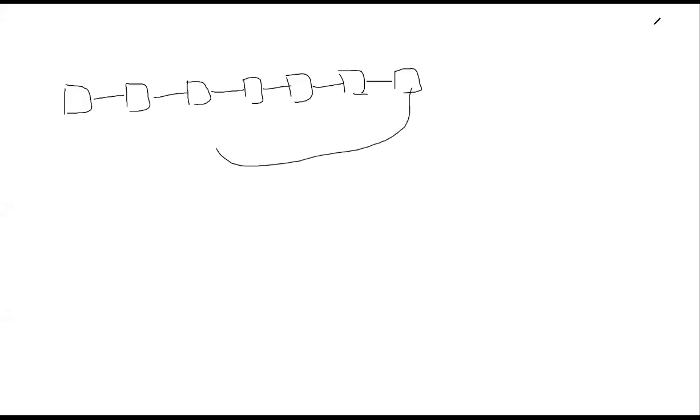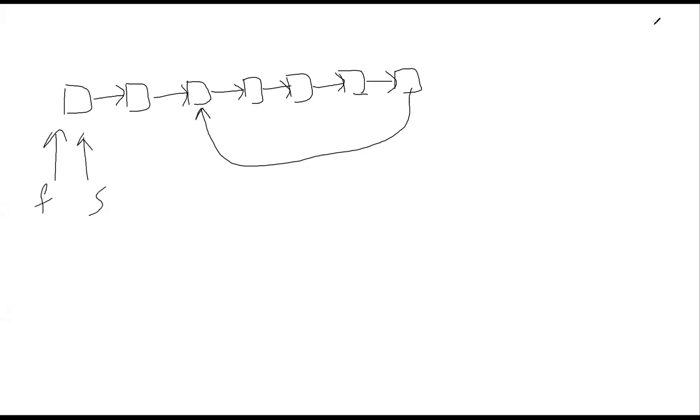Hello? It's not clear. Probably I can show it. Let's assume it's a linked list for now, and at some point in time, you have a loop. Suppose this is again getting back to this one. Now, what Smita was mentioning was you have a fast pointer and a slow pointer.